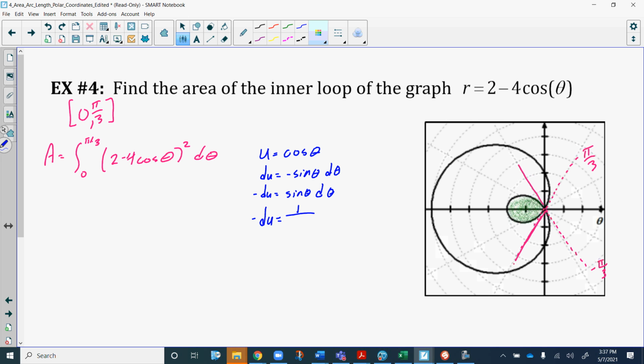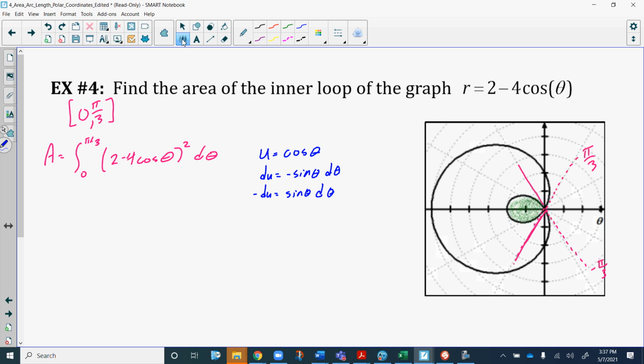What do I get? Normally what we would do at this point, we would say, well, that doesn't match. The integral doesn't match at that point, so I would normally divide by the constant. Well, in this case, I can't just divide by the constant because of the trig function that we're working with here.